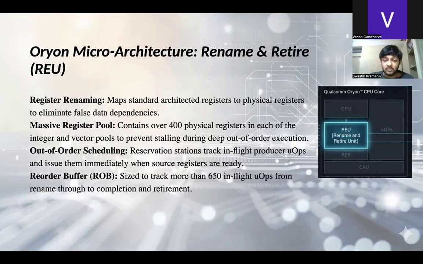This also supports out-of-order scheduling; reservation stations track in-flight producer UOPs and issue them immediately when source registers are ready. It also has a reorder buffer, ROB, sized to track more than 650 in-flight UOPs from rename through to completion and retirement. This allows the CPU to execute instructions out of order, meaning it doesn't have to wait unnecessarily, improving speed and efficiency.